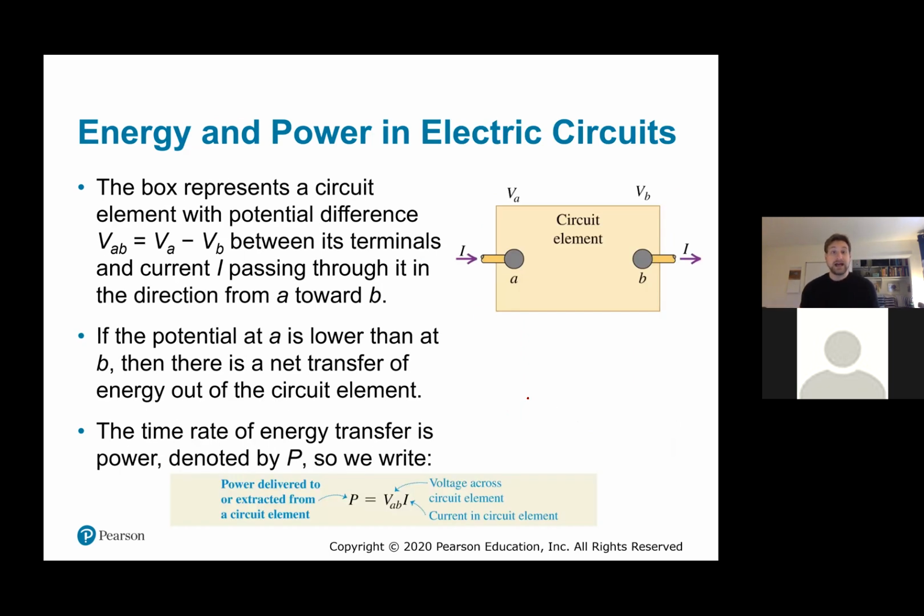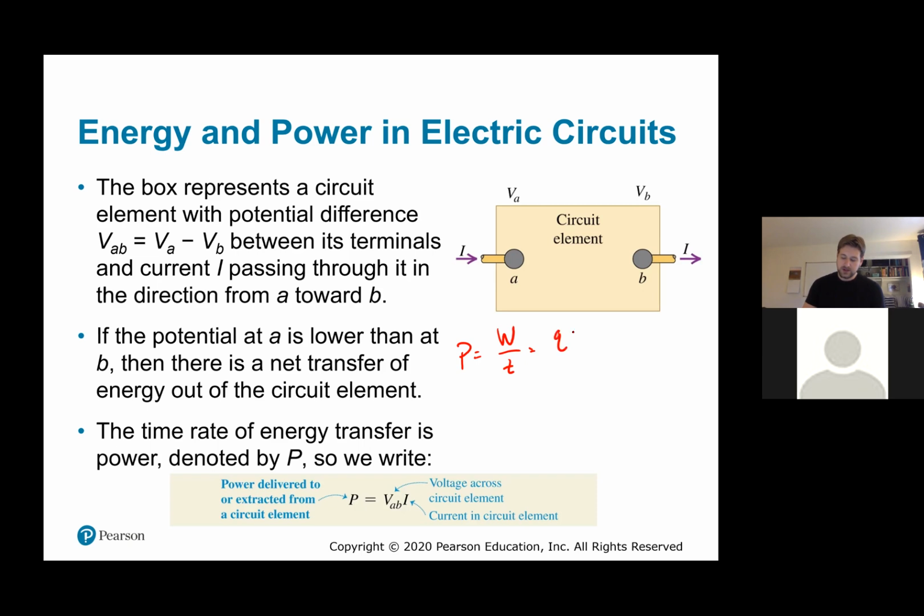Let's define power as potential difference times current, the rate of energy transfer, work done per time.